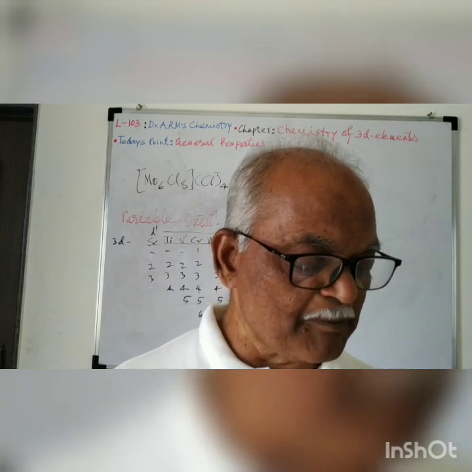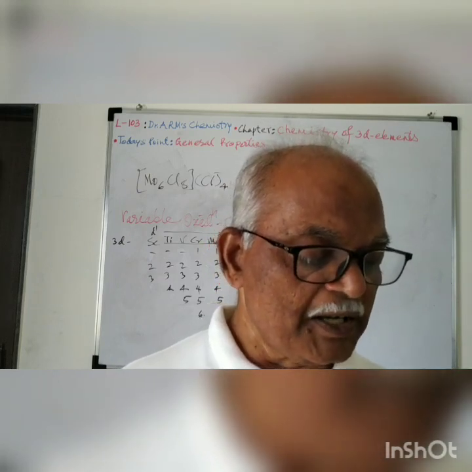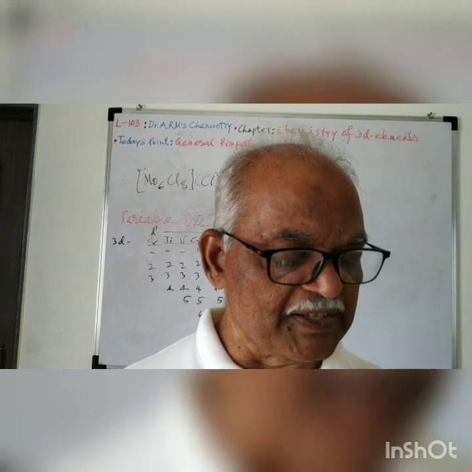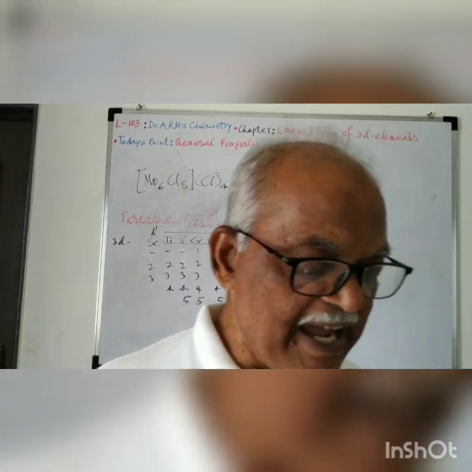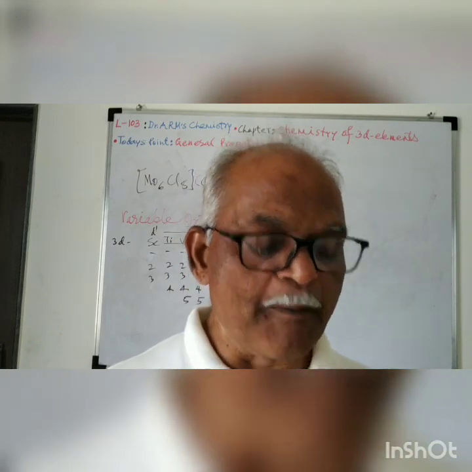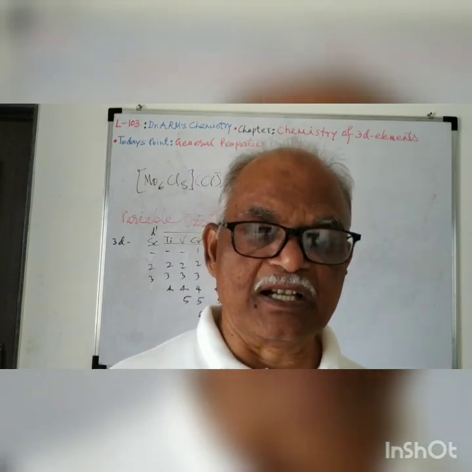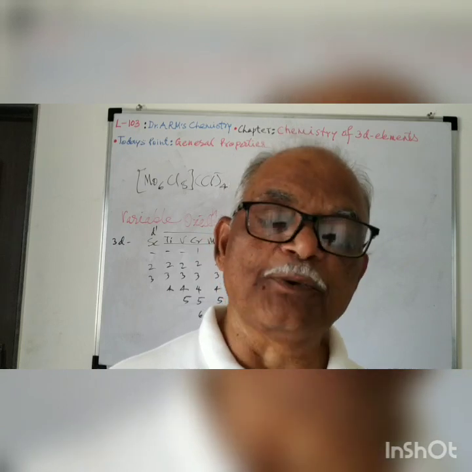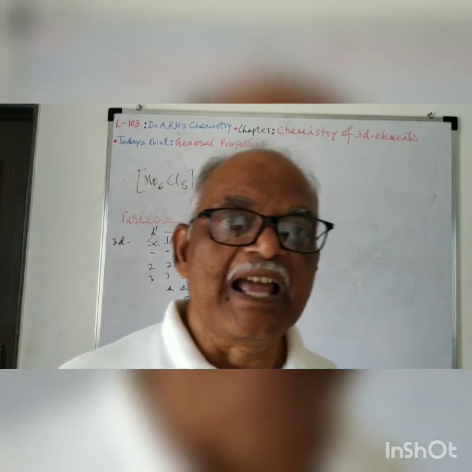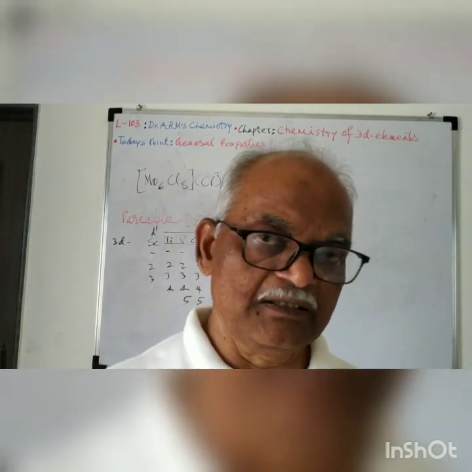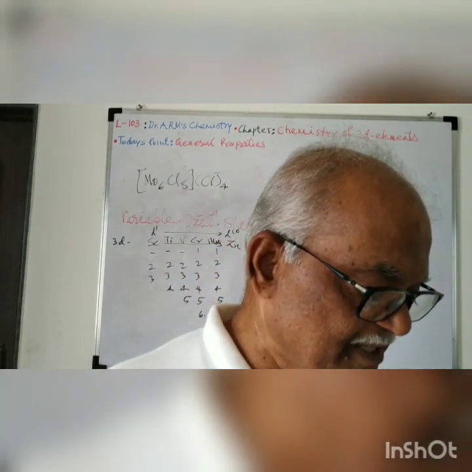Osmium has 2, 3, 4, 5, 6, 7, 8. Iridium has 1, 2, 3, 4, 5, 6. Platinum has 2, 4, 5 and 6. Gold has 1, 2, 3, 5, out of which plus 2 is unstable. And mercury has 1 and 2. So mercury exceptionally has the plus 1 oxidation state.